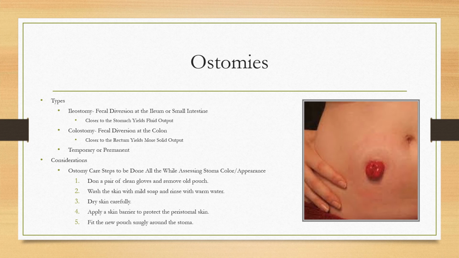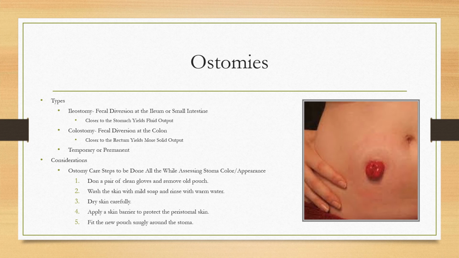Okay, so an ileostomy typically has liquid type stool because it hasn't made it to the colon, and likely the colon isn't there anymore. And one of the roles of the colon is to reabsorb fluid. So the fluid coming out of an ileostomy is typically quite liquidy.